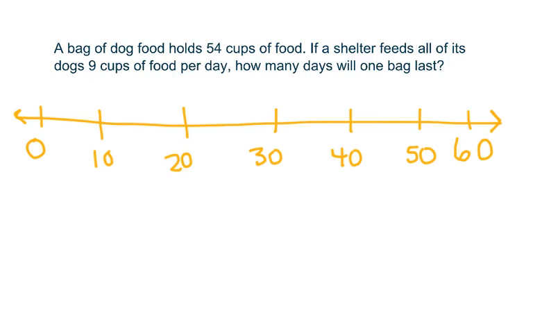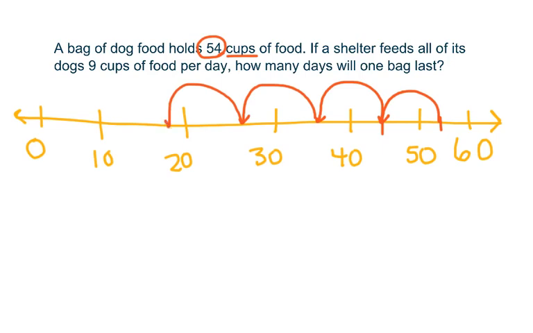As you get better at number lines, you don't need to worry about doing every single tick mark. You'd be able to estimate. So I would start with 54. 54 is about here. I would subtract 9, so it's about here. Then I would subtract 9, it's about here. Subtract 9 again, about here. Subtract 9 again, and continue to go until I get to 0.